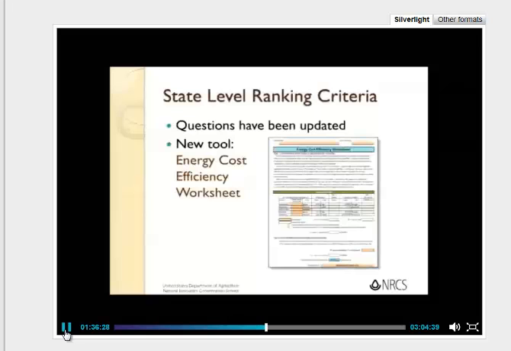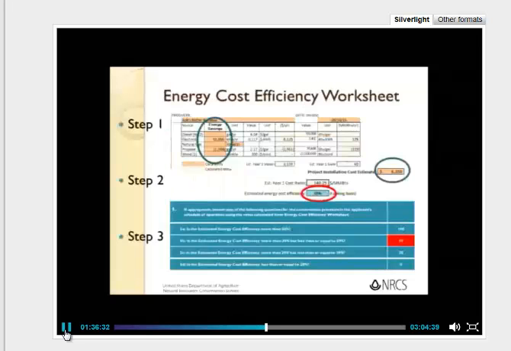Next slide, please. That Energy Cost Efficiency Worksheet only requires a little bit of input to get the number, so I think it's going to be pleasantly surprising because it's so easy. You just pull out the energy audit, and step 1, you look for the energy savings.